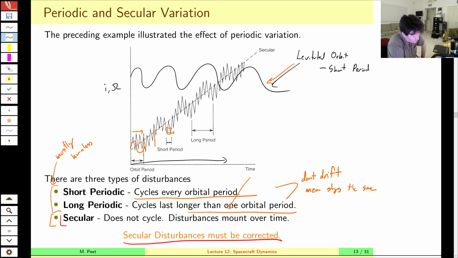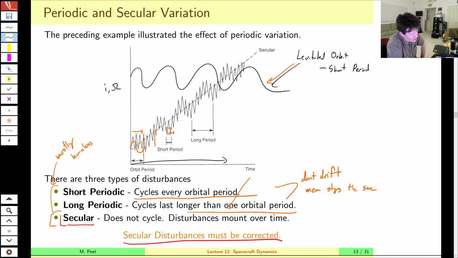For example, inclination and right ascension will tend to drift over time, and they'll drift substantially. If you don't want that to happen, if you want a stable elliptic orbit, you have to compensate for them. But honestly, there's very little you can do short of a frozen orbit to compensate for secular perturbations.